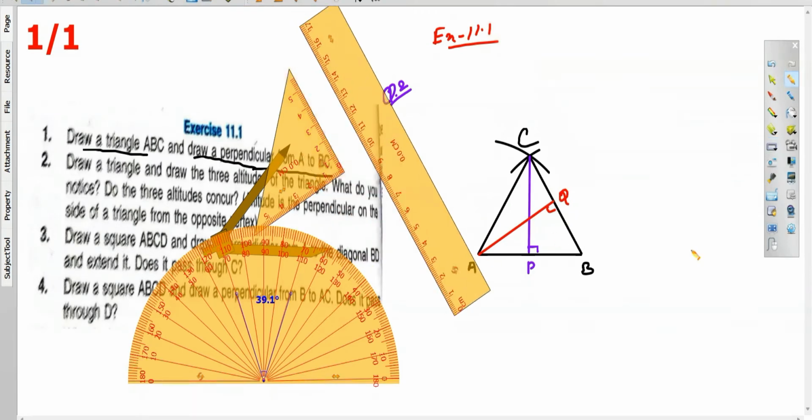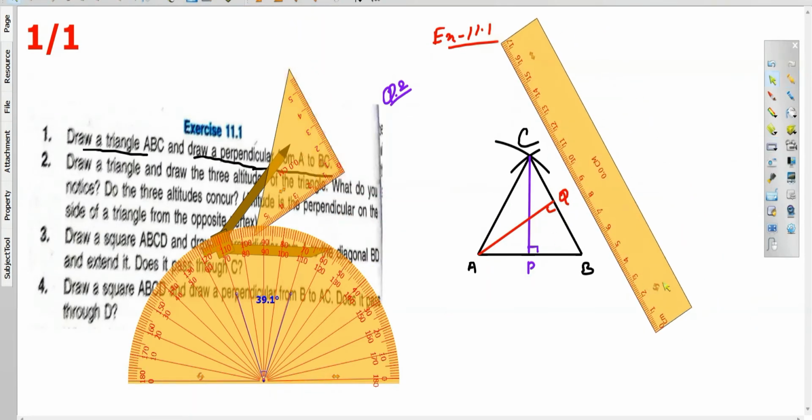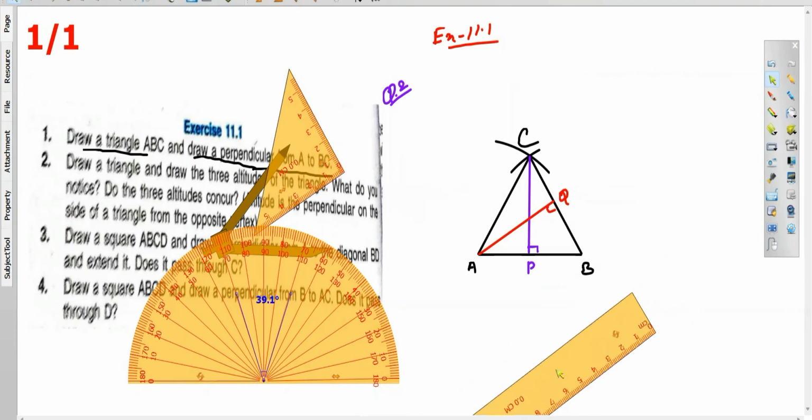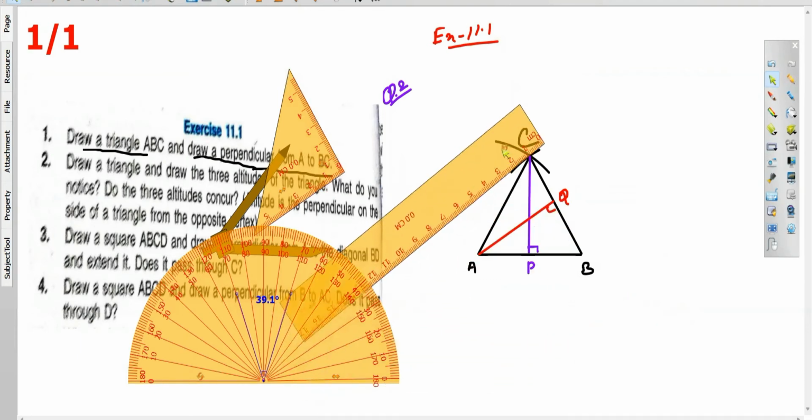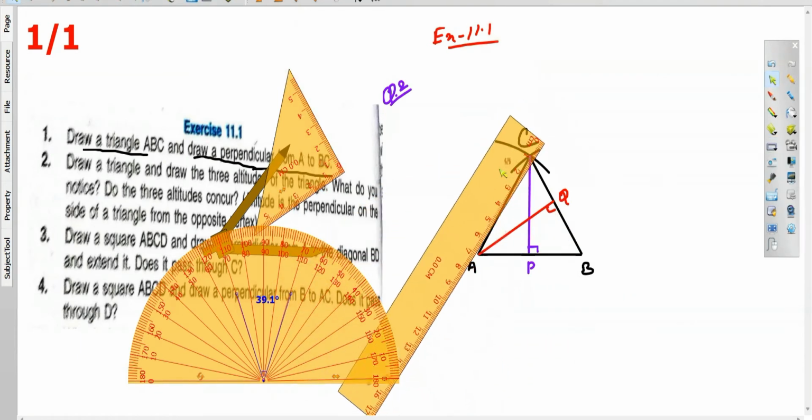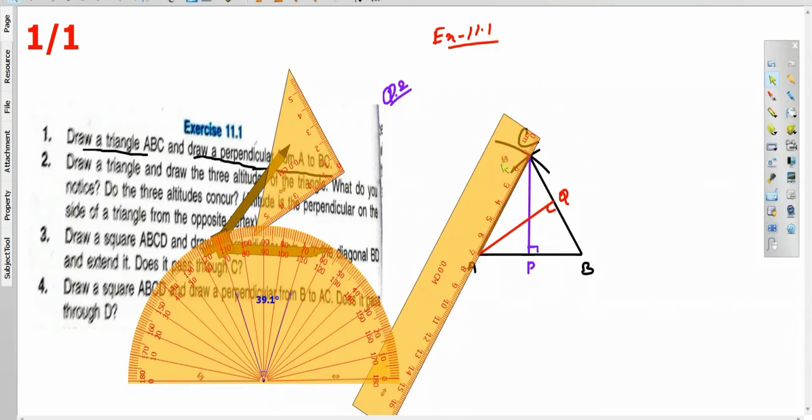Last but not the least, now we need to draw the perpendicular from B towards line segment AC. So now again we'll repeat that process. We'll take AC as the base. You can see that AC as the base. Exact.